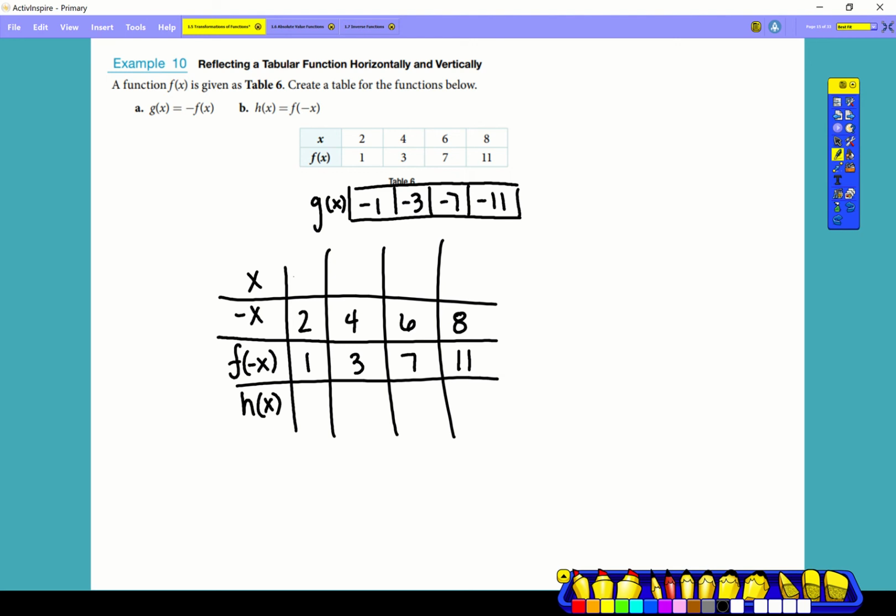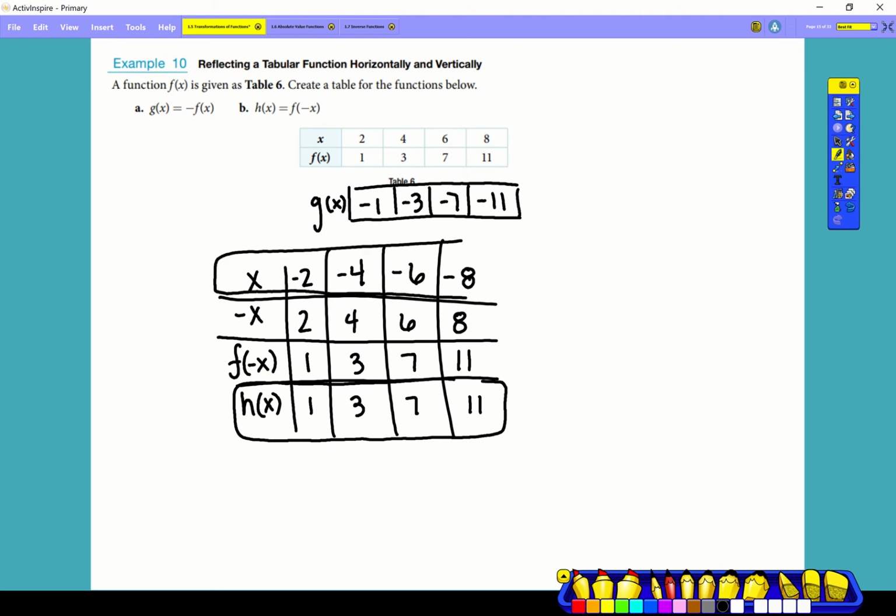And then that means that in order for negative x to equal 2, my x has to equal negative 2. And the same goes for all of these. And we know that we will get the same thing. So these are our values for b. So this is a and this is b.